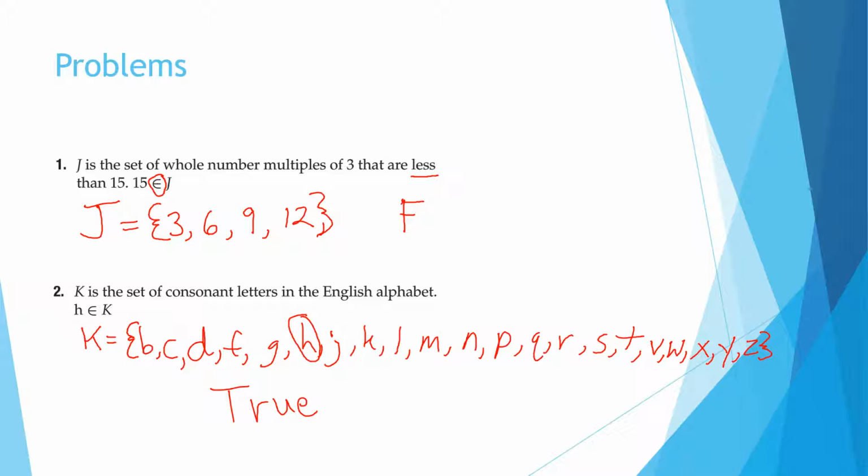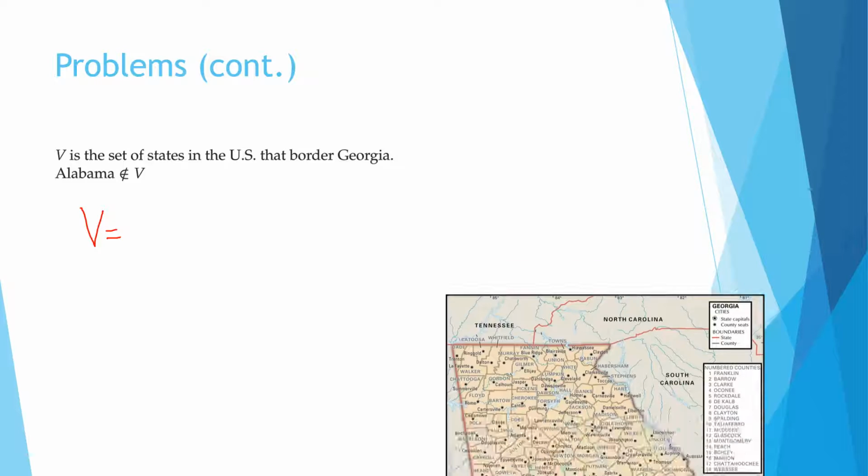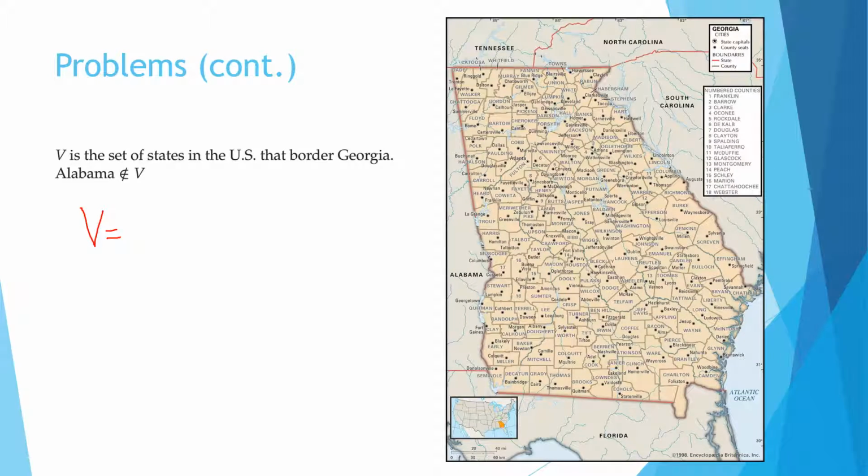All right, next problem. V is the set of the states in the U.S. that border Georgia. So now our question is, do you remember all the states that border Georgia? I know you guys are closer to Georgia than me. Do you remember them? I didn't, so I brought this up.